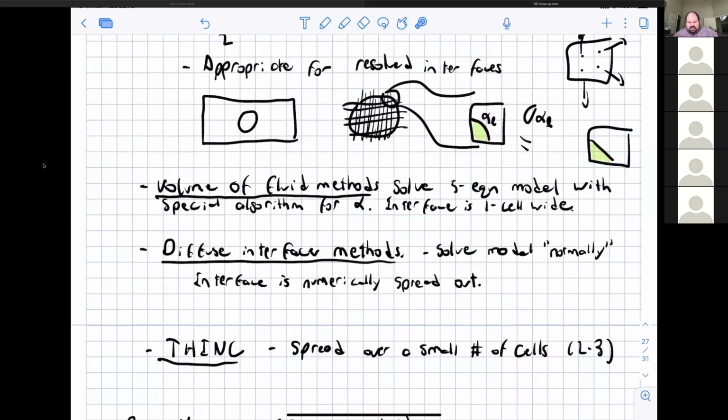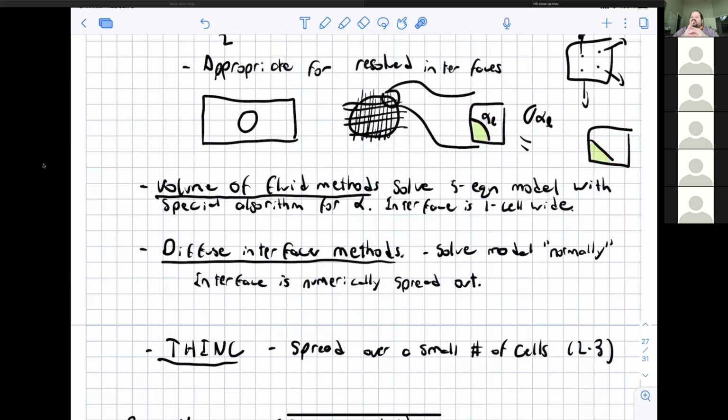The volume of fluid method works such that the entirety of the interface is contained within one cell.